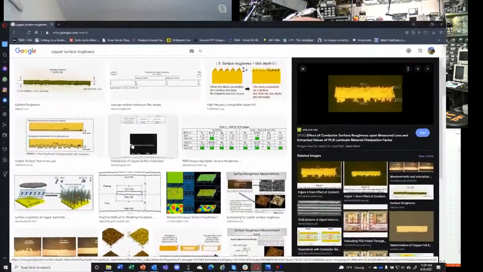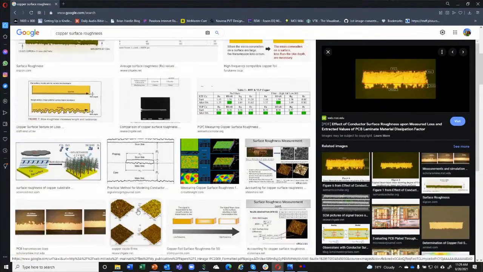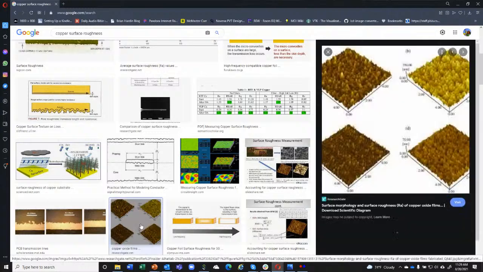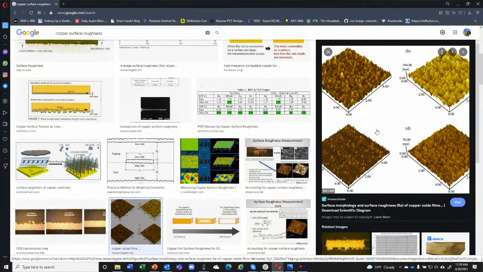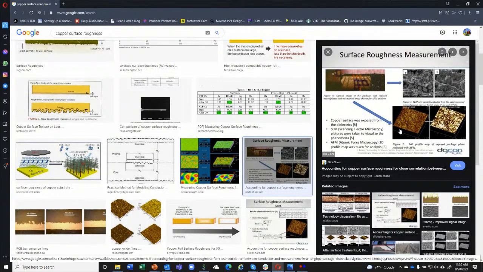Yeah, so surface roughness. These are actual scanning electron microscope imagery generated from looking at the copper foils used in PCBs, right? So they do that to get a measure.